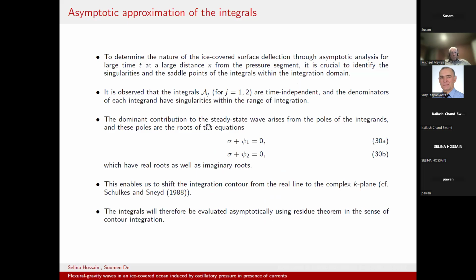The dominant contribution to the steady state wave arises from the poles of the integrands, which are the roots of the equation sigma plus psi 1, 2 equal to 0, which have real roots as well as imaginary roots. So we will shift the integration contour from the real line to the complex k plane, and these integrals will be evaluated asymptotically using the residue theorem in the sense of contour integration.